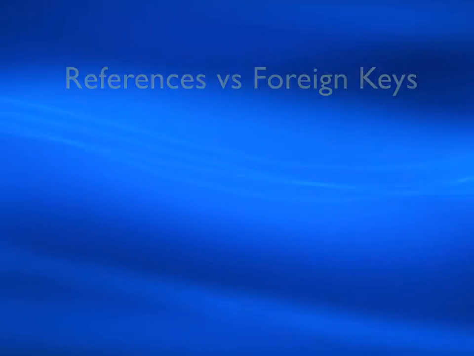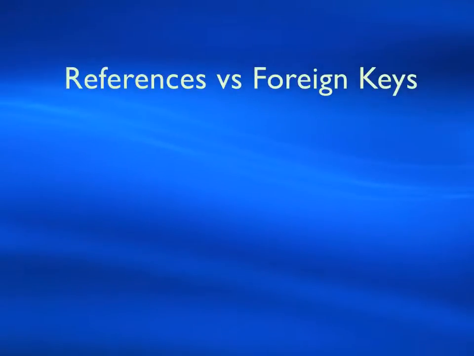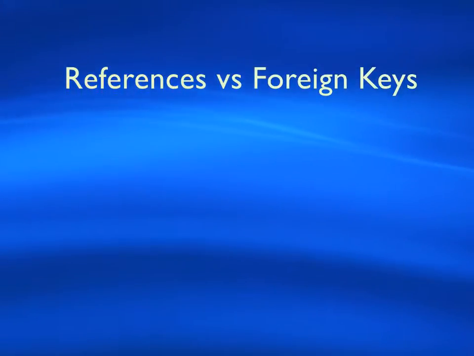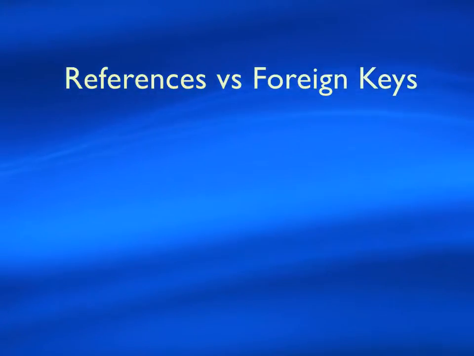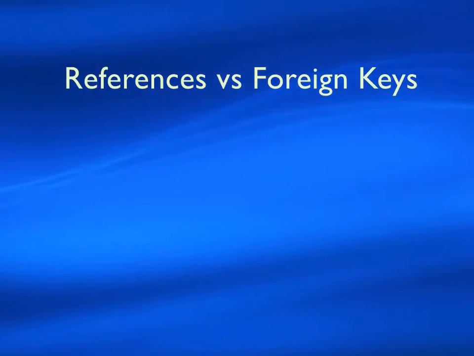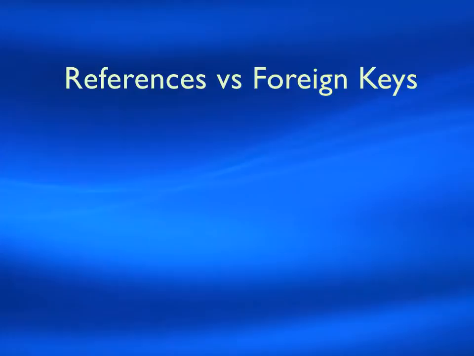Now, a big problem when working with a database in Java is that relationships work differently in the database world and in the Java world. It's foreign keys in the database, and in Java, it's references. Now, Hibernate lets us change the Java references, and the work of updating the foreign keys is then done for us.